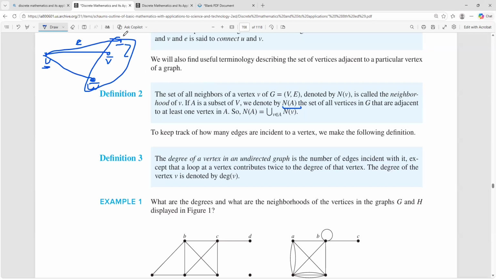Think of it as basically all the vertices that share an edge with the vertex we choose. Okay, is everyone okay with that notion?